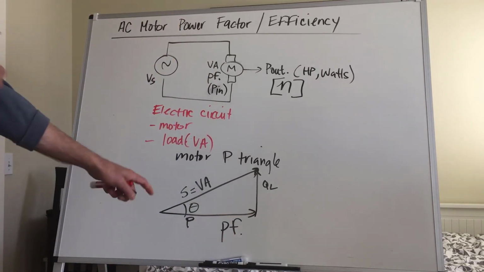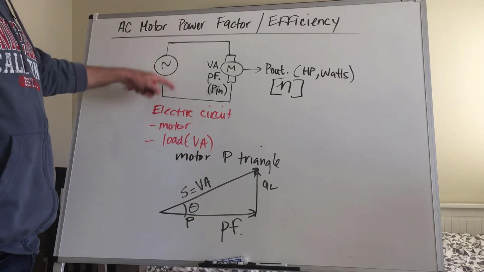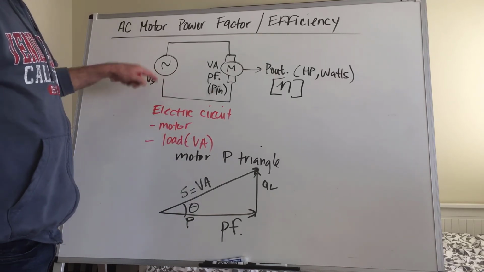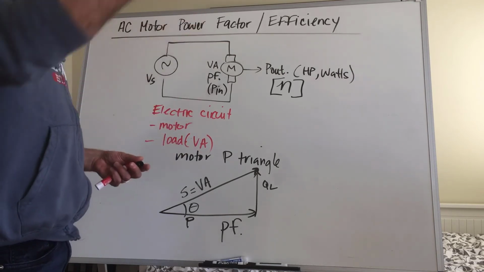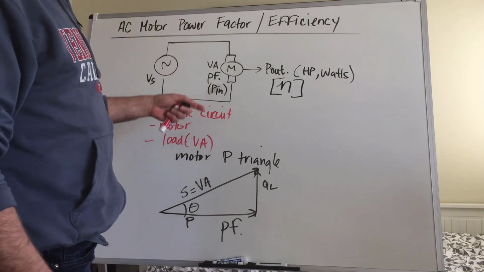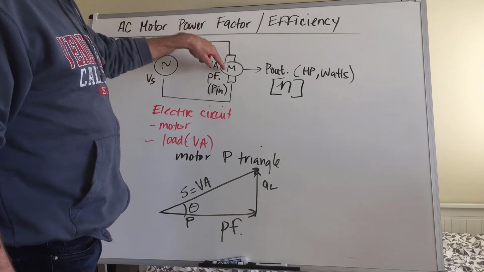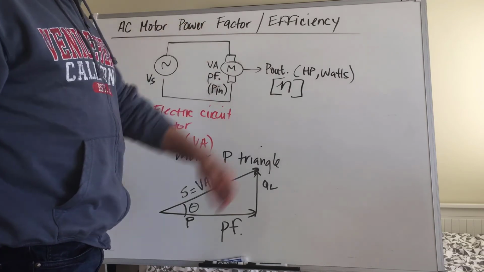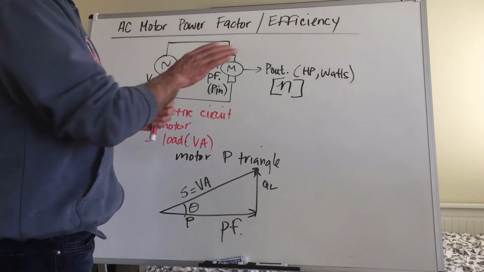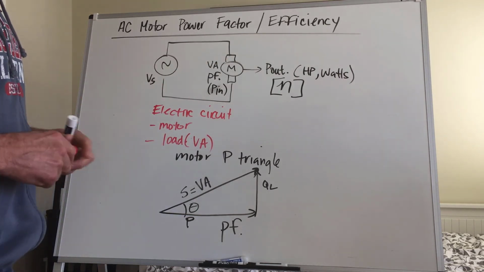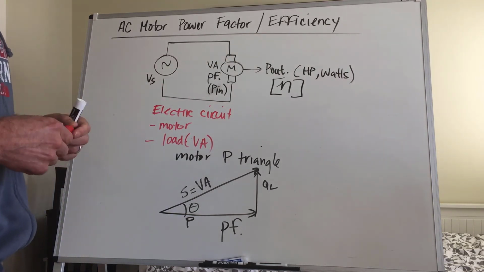So that's going to give your VA and a power factor when you're talking about the motor as the load in this electric circuit. But remember, there's another circuit, essentially the mechanical circuit, where the motor is the source to the mechanical circuit. And when we look at the mechanical circuit, it's entirely real power. It's entirely all watts or horsepower.